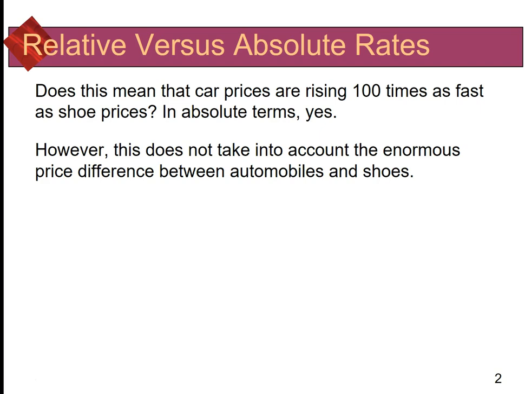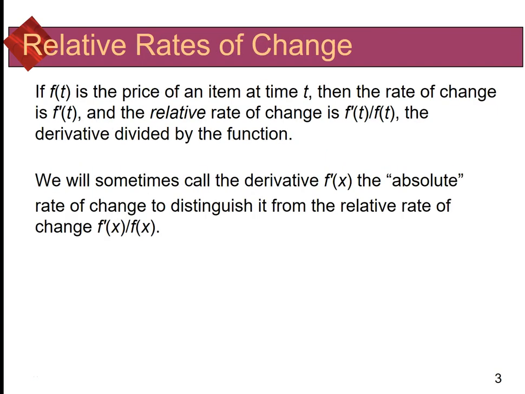So the reason why we sometimes have to use relative, which is where we compare percentages of change, is that the units and other things like differences in costs that already exist don't play as big of a role. You may find out that shoes are increasing much faster than automobiles, even though it's a $3 raise versus an automobile's $300 raise.